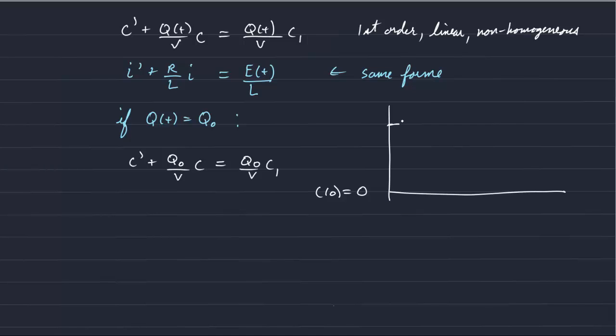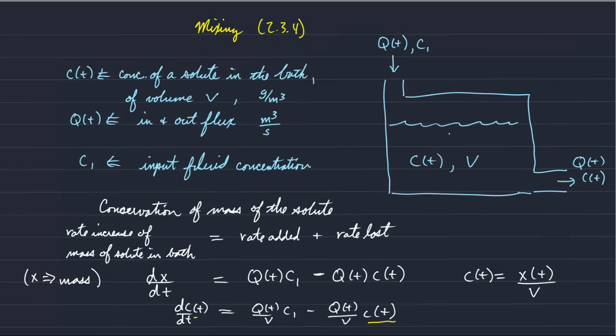At large time, as time goes to infinity, you can imagine that all the fluid that was initially in our bath will be completely replaced by the fluid that we're putting into our bath. So after a long time of this system running, you can imagine that the concentration in the bath will be C1.